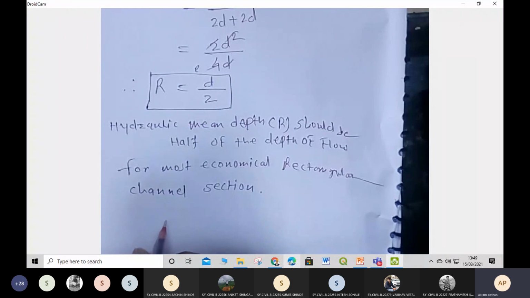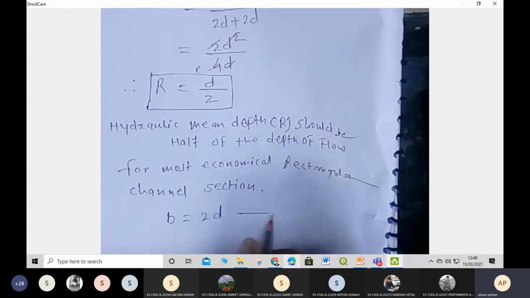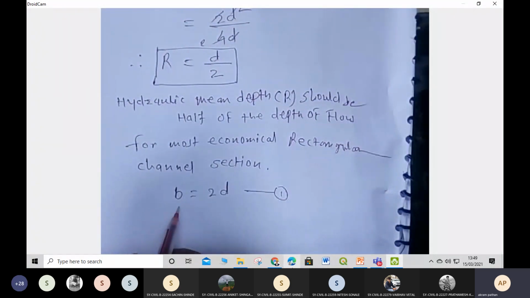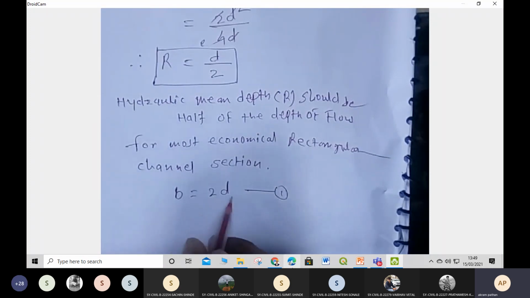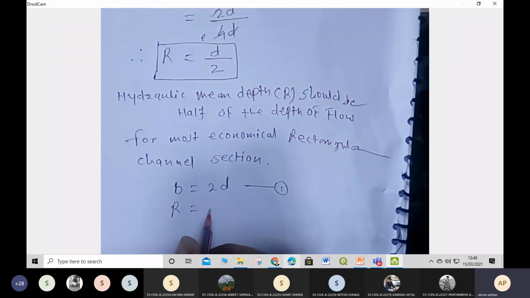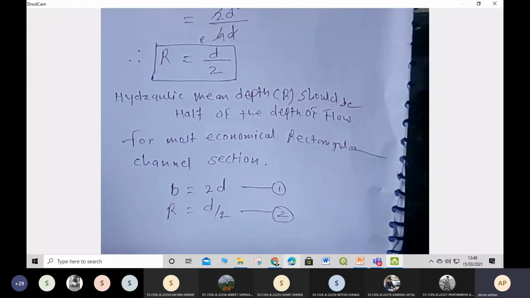One, B is equal to twice the depth of flow, that is, the width of the rectangular channel section should be twice the depth of flow. And the hydraulic mean depth of the rectangular channel should be half of the depth of flow. This is the second thing we got.